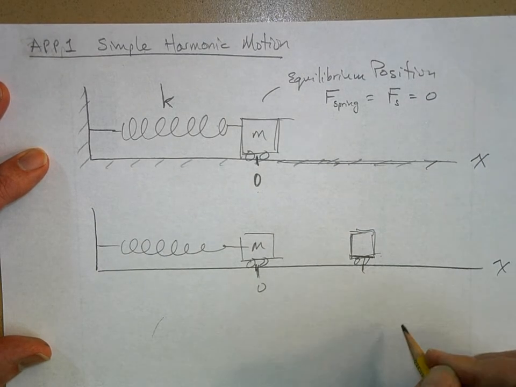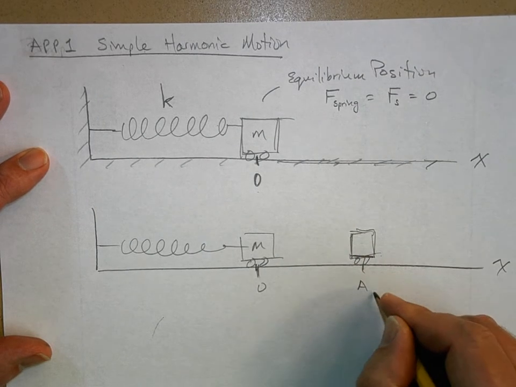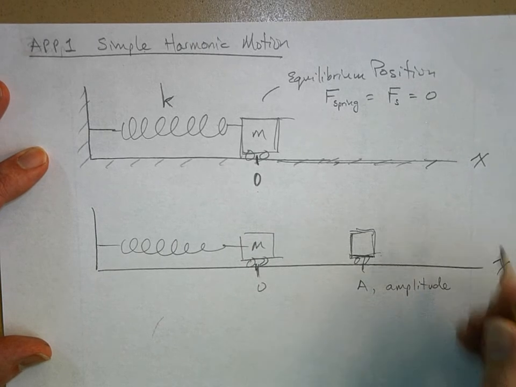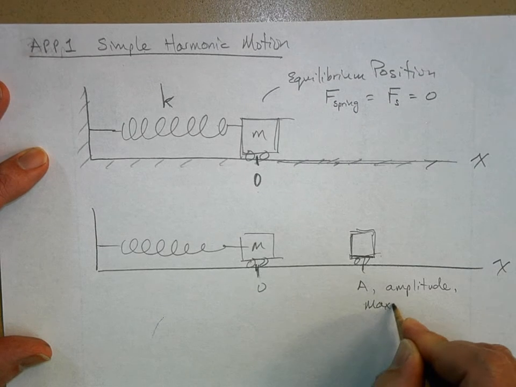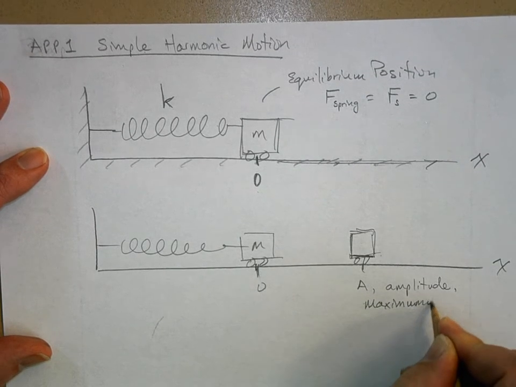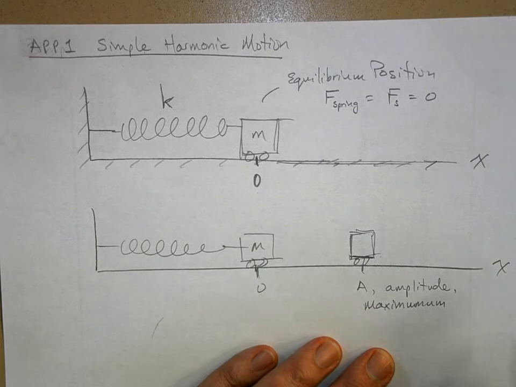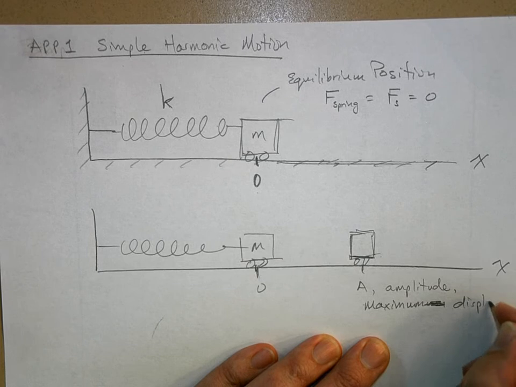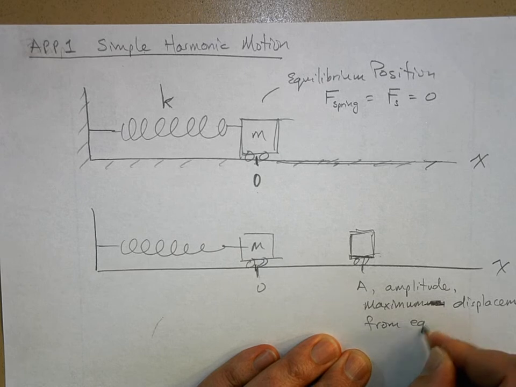This is my maximum X, and I'm going to call this A for amplitude. That's the maximum displacement from equilibrium position.